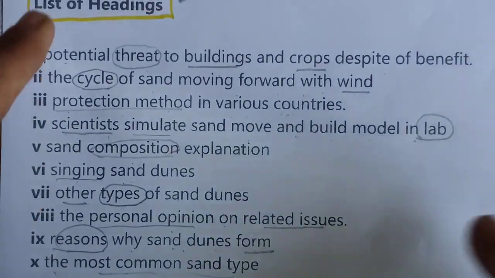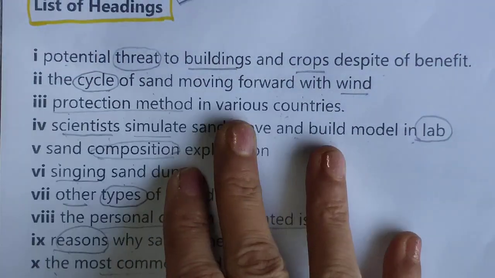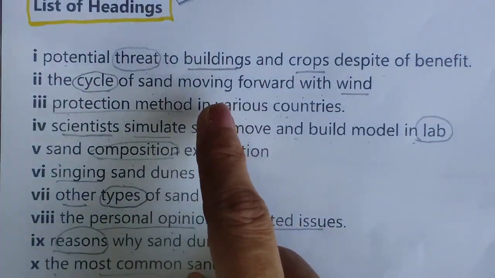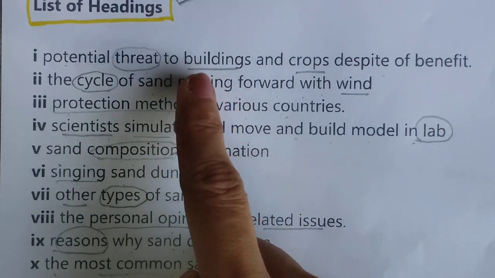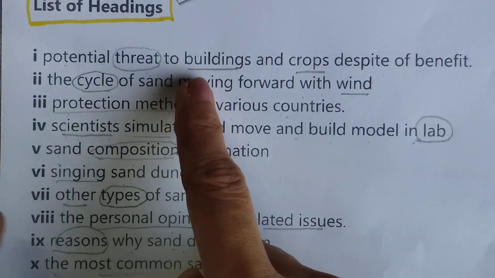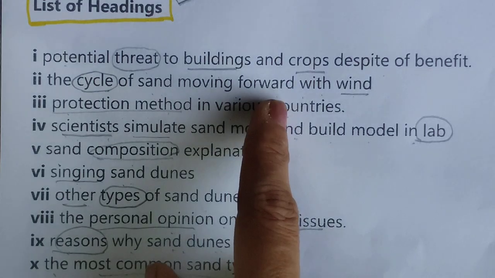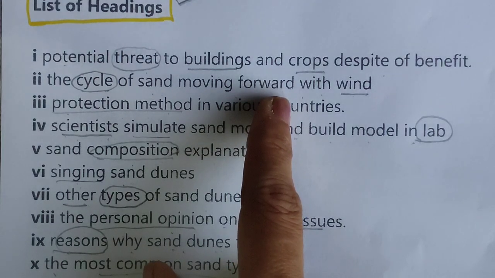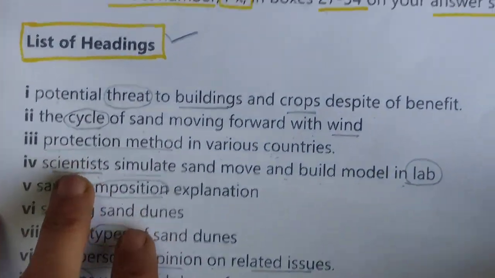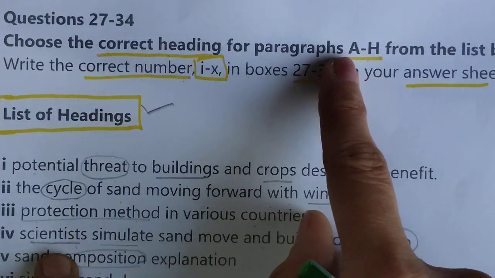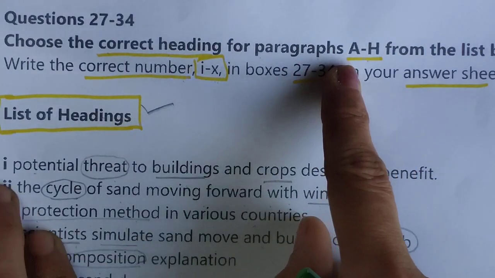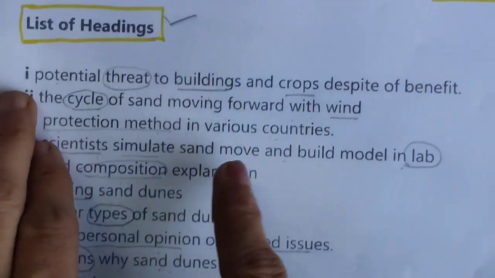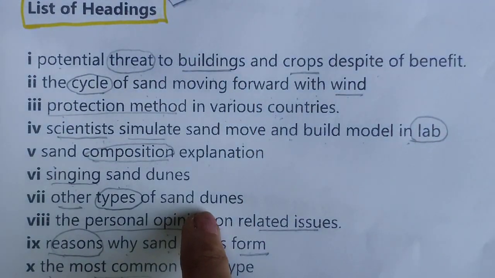Okay, now we have read, analyzed and understood the meaning of these headings, and we have underlined important keywords. Now we will start reading from the first paragraph, A, because we have to give answers for paragraphs A to H. For every paragraph we have to select a heading.